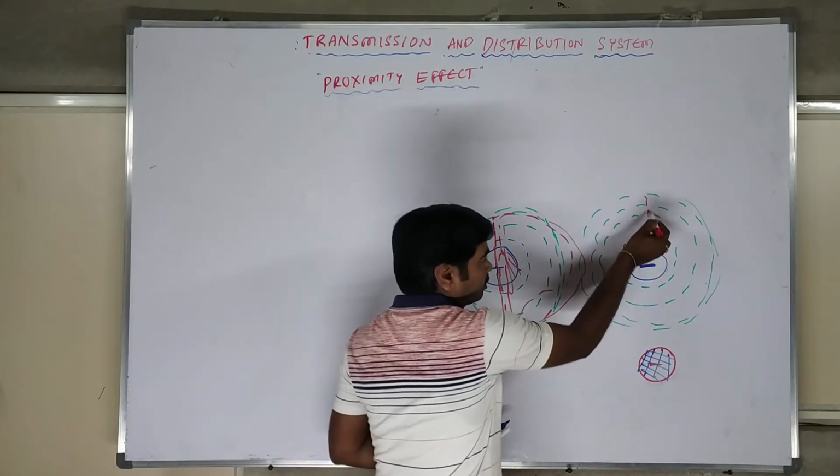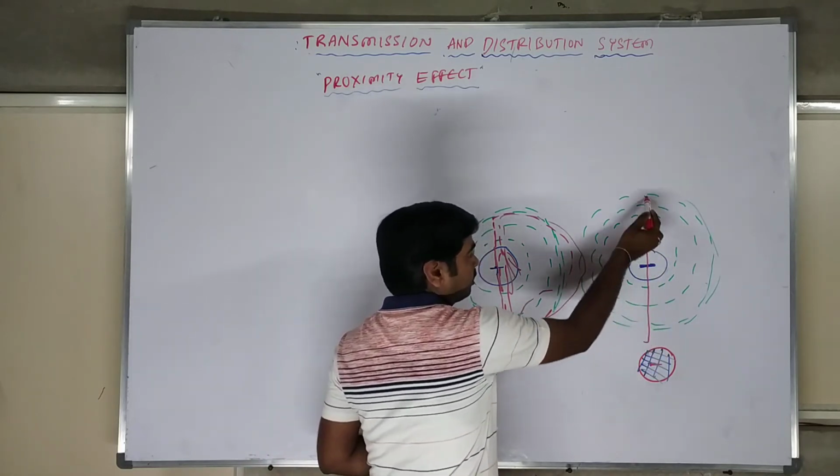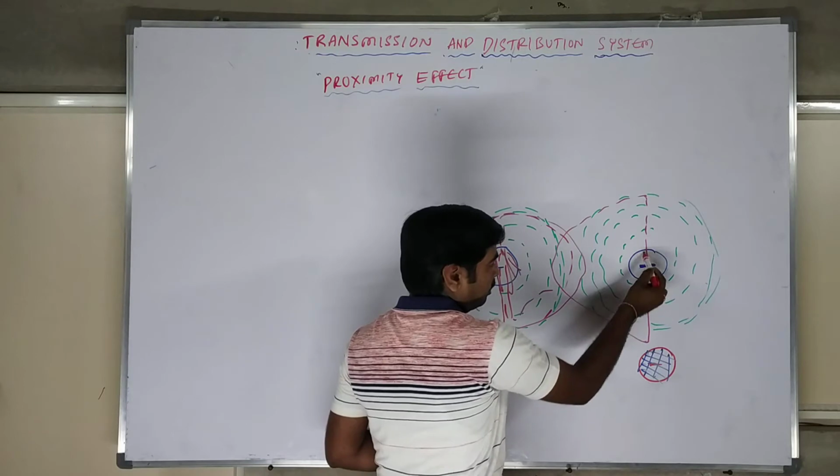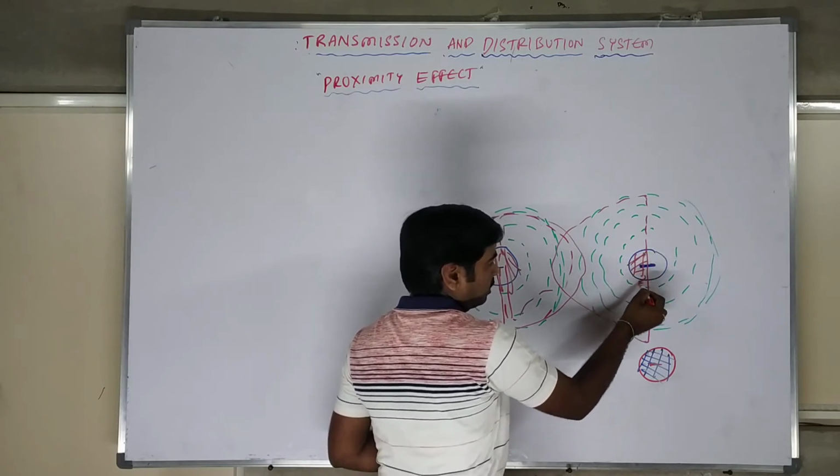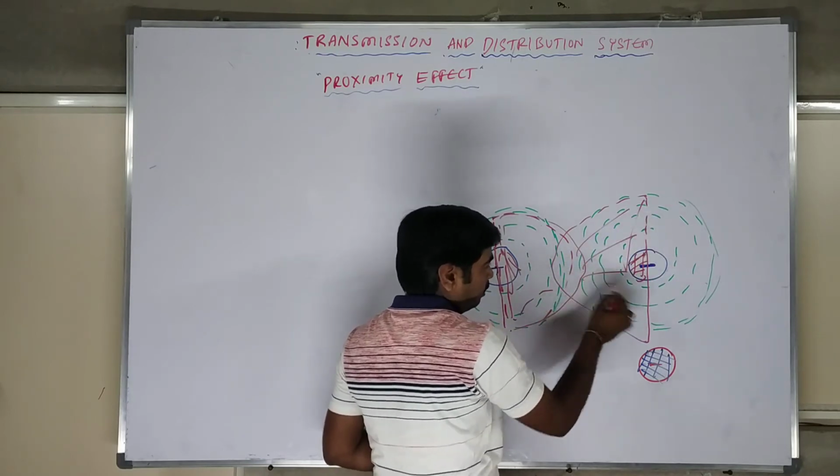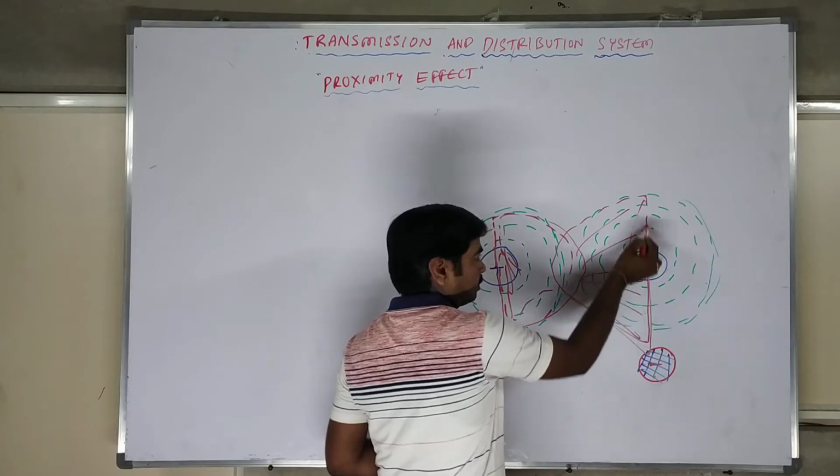Same case here: the negative conductor's current will be concentrated on only half of the portion of the conductor rather than the full distribution of current.